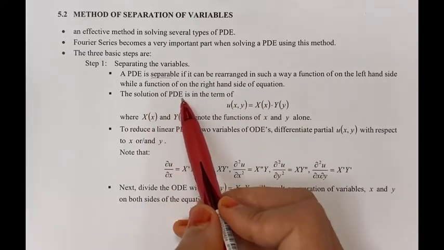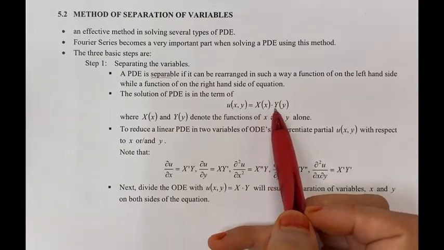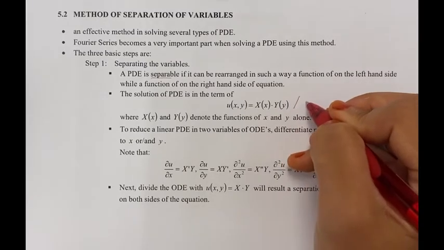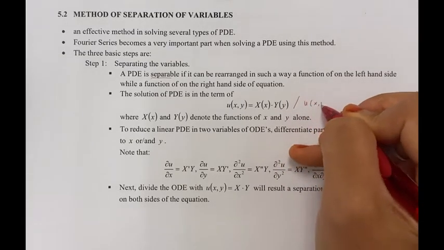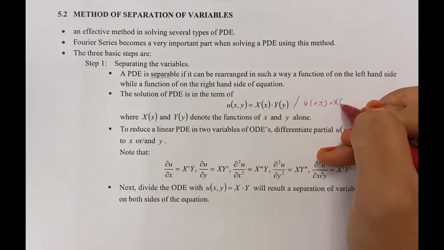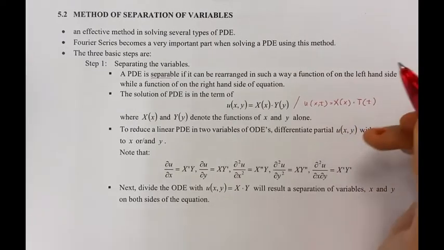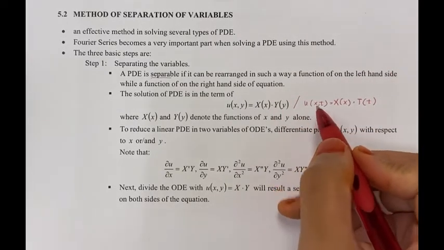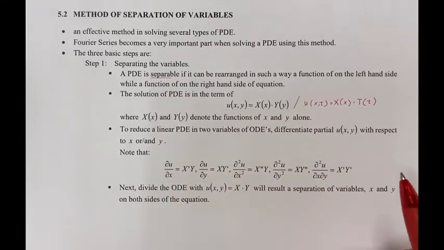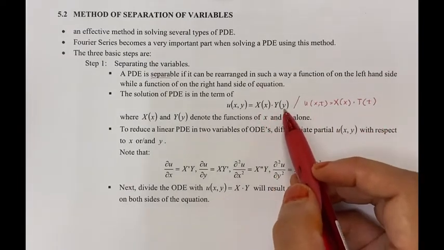The solution of PDE is in the form u(x,y) equal to function X(x) multiplied by function Y(y), or we can write this as u(x,t) equal to X(x) multiplied by T(t), where X and Y denote functions of x and y alone. You can split x and t, you can split x and y.